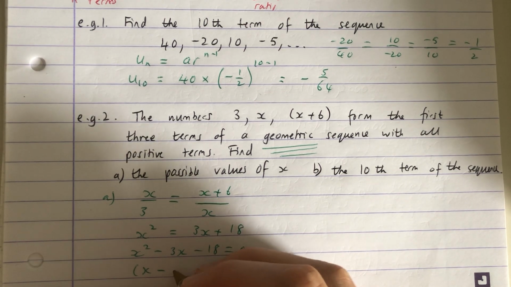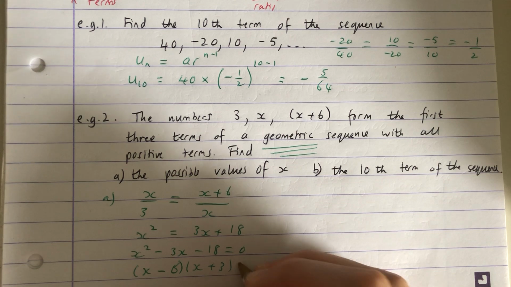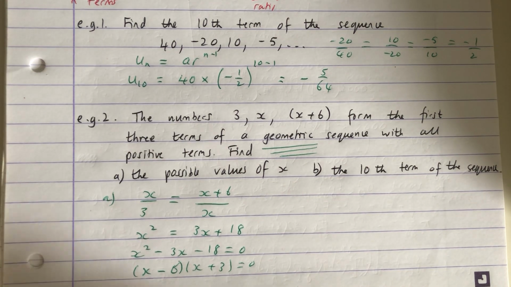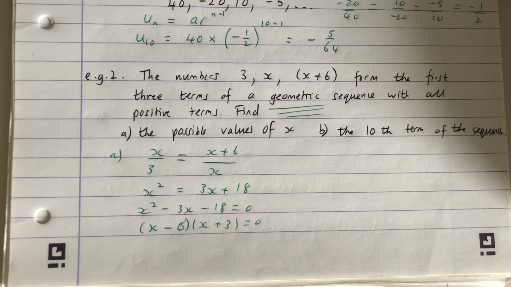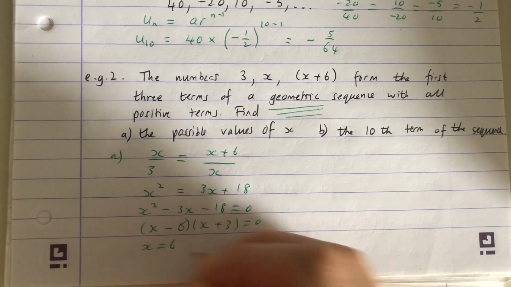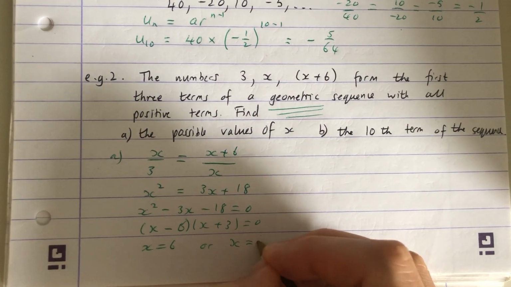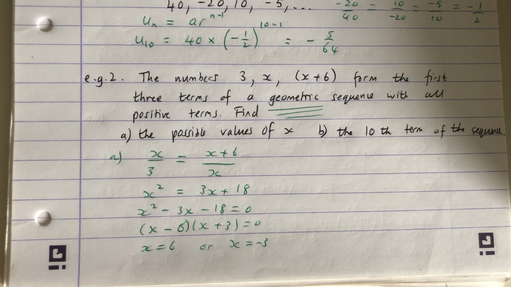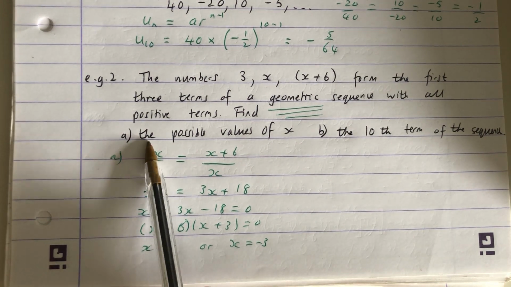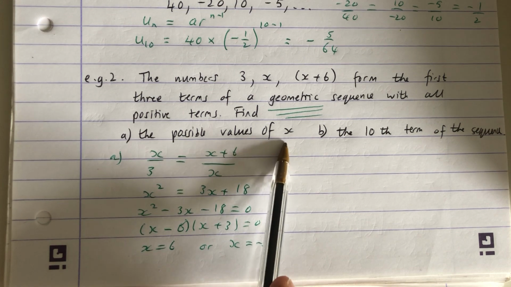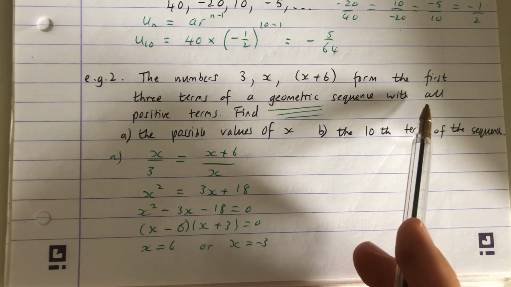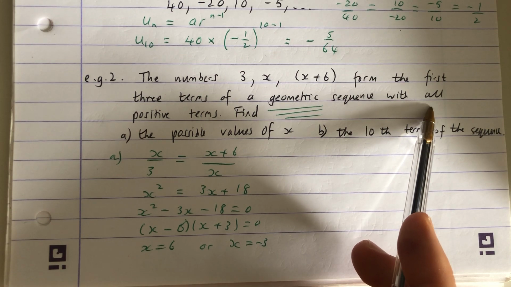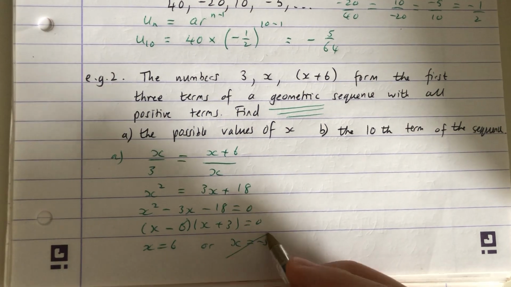This probably factorizes, to give you 2 values of x: x equals 6 or x equals negative 3. Now I know it says find the possible values of x, and we've got 2, which kind of makes sense, but I'm a little bit concerned because they said everything needs to be positive. So I would actually discount x equals negative 3.